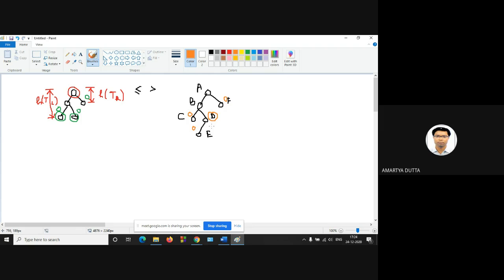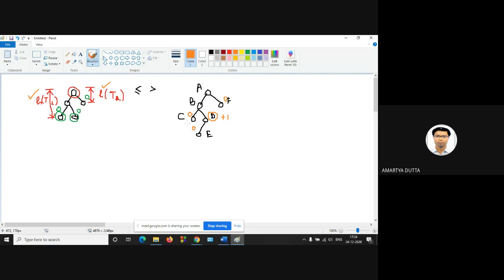So HTL minus HTR for node D gives you +1. Is it clear? Height of the left subtree minus height of the right subtree; you have to compute this difference, and here it is +1.